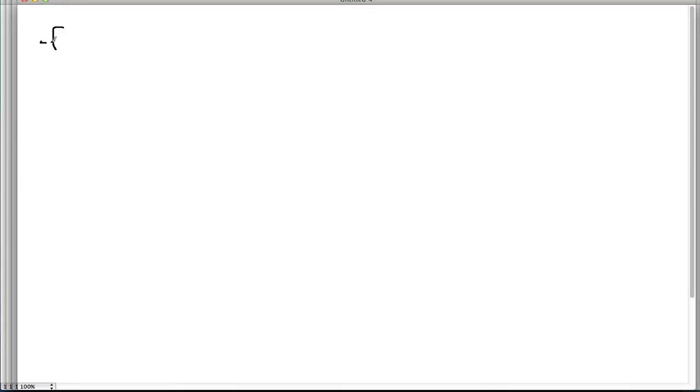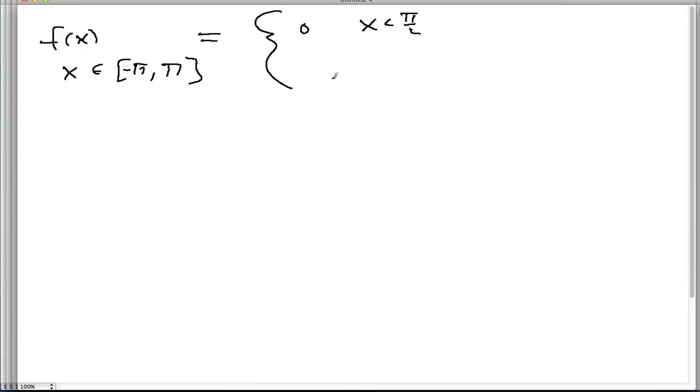So let's start with an f of x, and it's going to be defined on the interval between negative pi and pi. All right, and it's going to equal the following function. It's going to be 0 for x less than pi over 2, and it's going to be 1 for x greater than or equal to pi over 2.